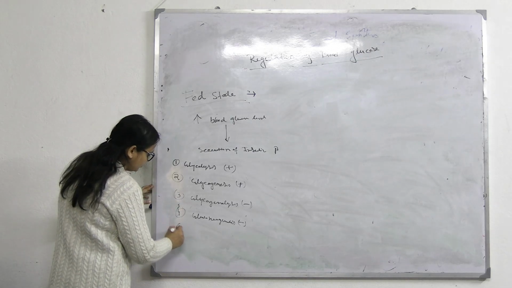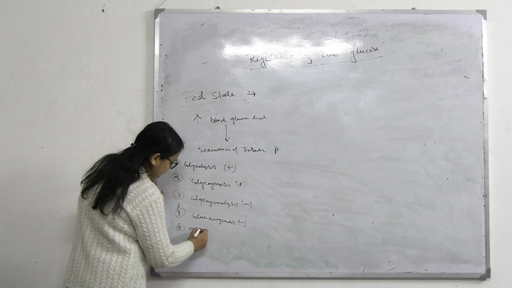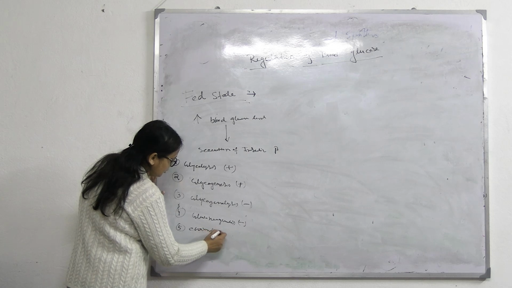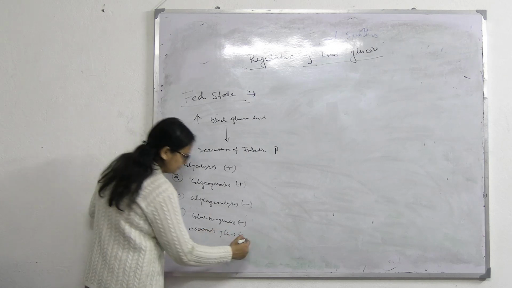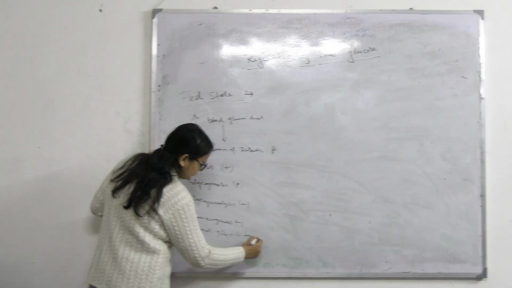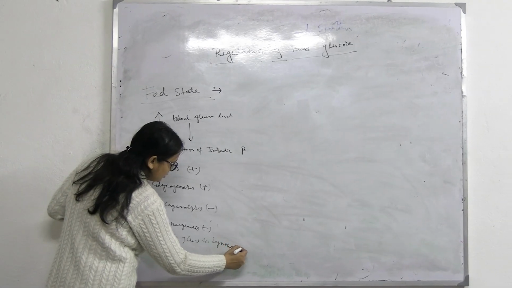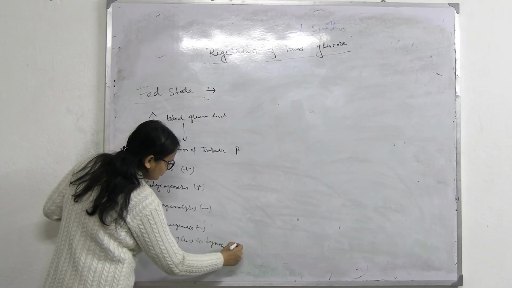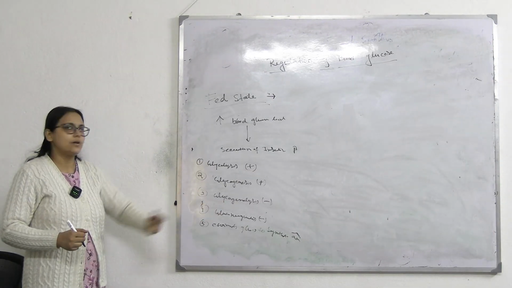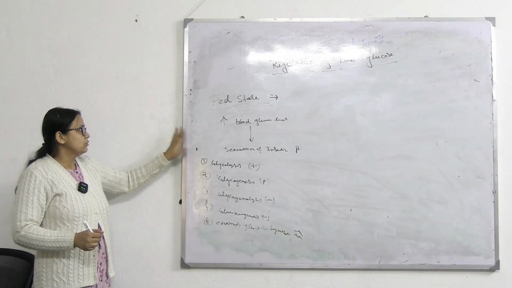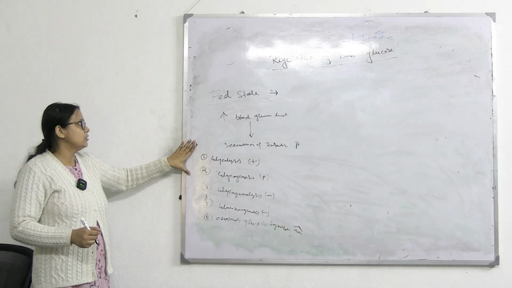It also channels glucose to synthesis of amino acid. Insulin also channels excess glucose for synthesis of amino acid. So these are the actions of the insulin.